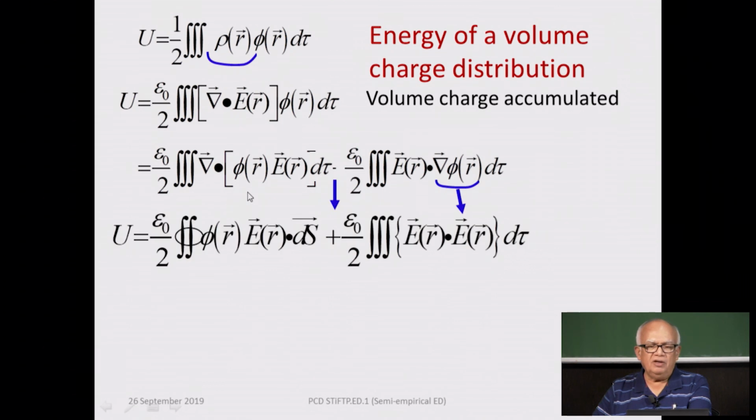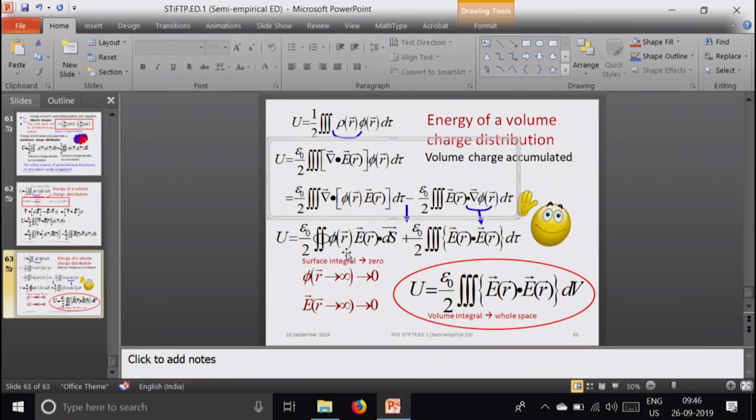This volume integral of the divergence is equal to the surface integral over here, and this surface integral will go to 0, because where is this surface? This is a surface at infinity.